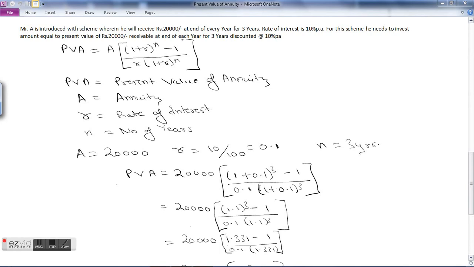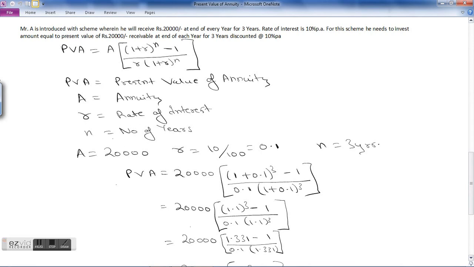So the formula for calculating the present value of annuity is PVA = A × [(1 + r)^n − 1] / [r × (1 + r)^n], wherein PVA stands for present value of annuity, A stands for your annuity amount, r is the rate of interest, and n is the number of years.